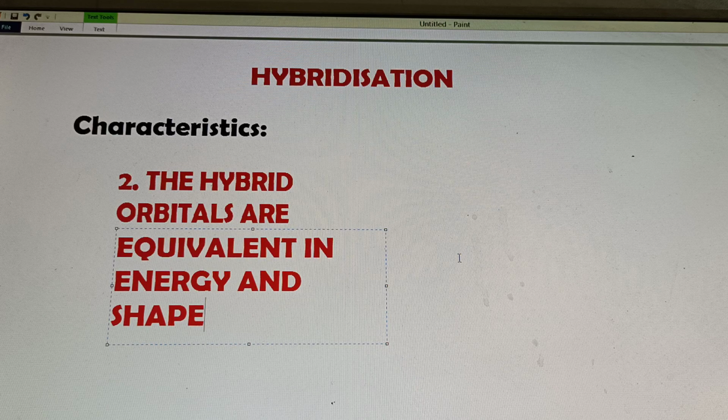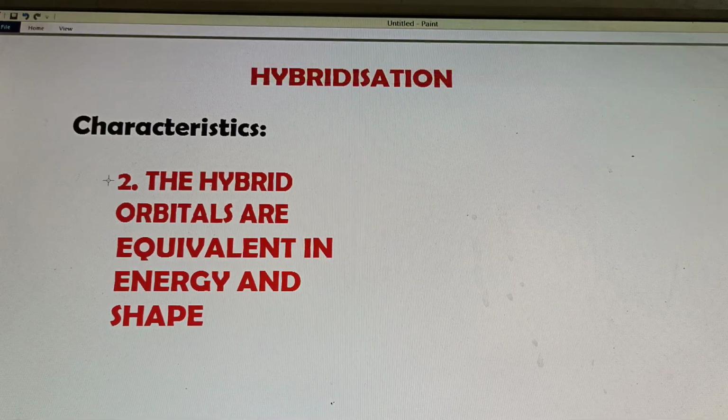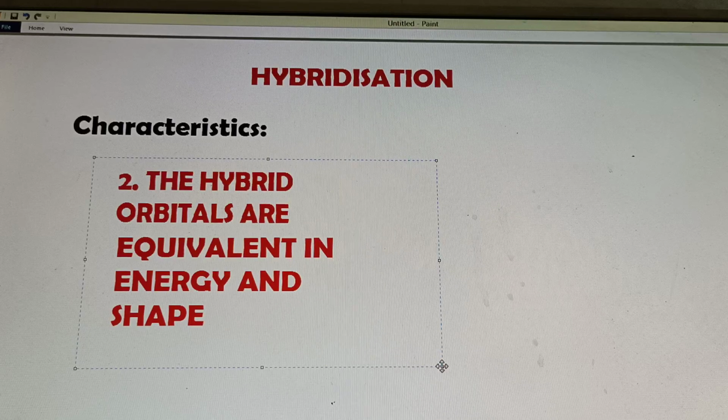So there is no difference between the hybrid orbitals that form after intermixing. Okay, clear?